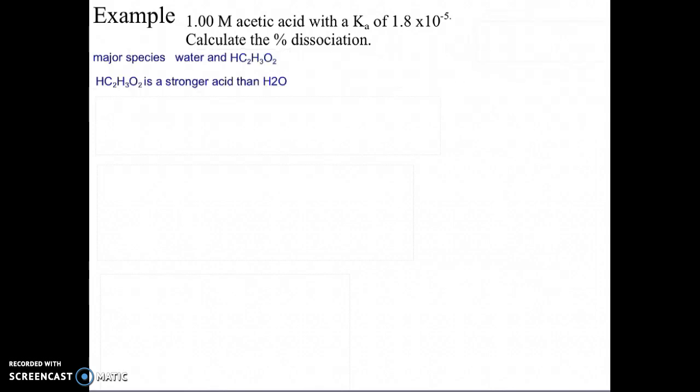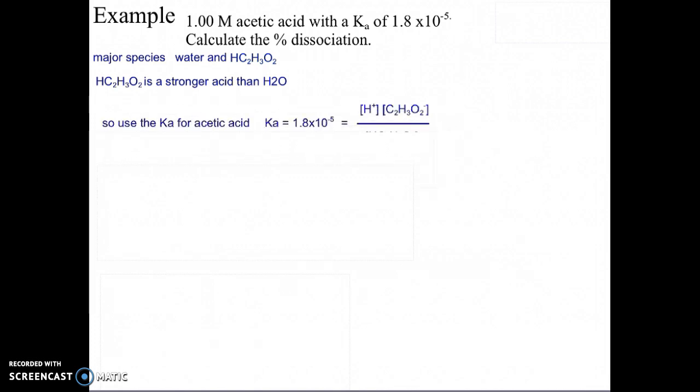So the major species would be water and acetic acid, and based on the Ka value of acetic acid being 1.8 times 10 to the negative 5, and the Kw of 1.0 times 10 to the negative 14, the acetic acid is a stronger acid than the water. So the acetic acid is going to be the dominant producer of the hydrogen ion concentration for this reaction.